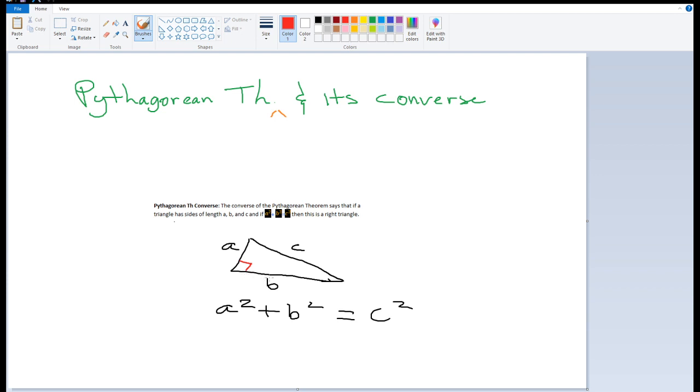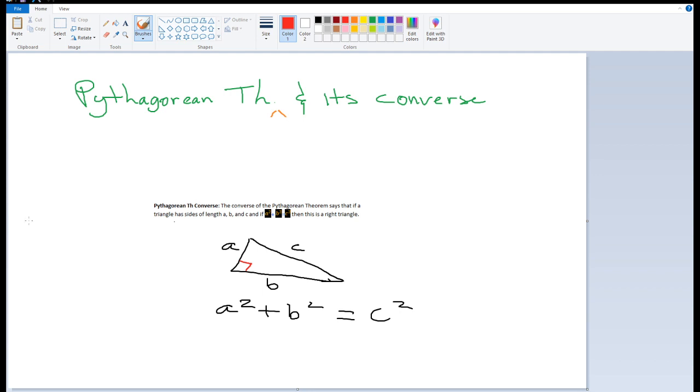So working backwards in a way: if a squared plus b squared is equal to c squared, then this must be a right triangle.